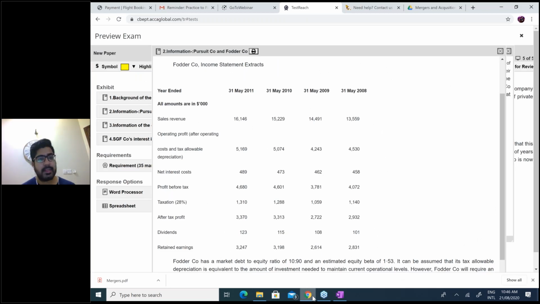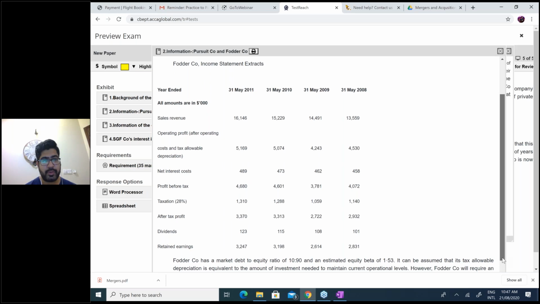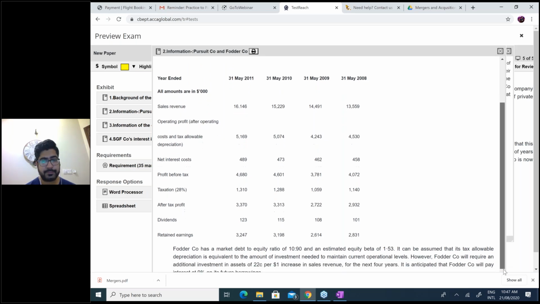That question says that revenue, and after that no cash cost and TAD is given, directly operating profit is given. So that's why operating profit is after cash cost and TAD. Then interest is deducted, you get PBT, profit before tax is a taxable profit. After that you pay tax at 28%, you get after tax profit, then you pay dividends, and the balance is retained. So in short, 4-year data for our company is given.